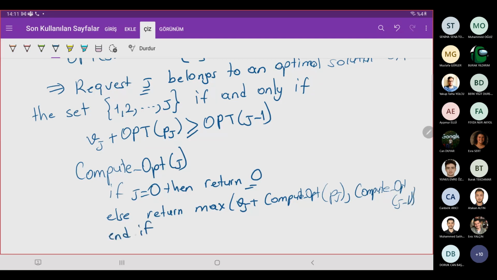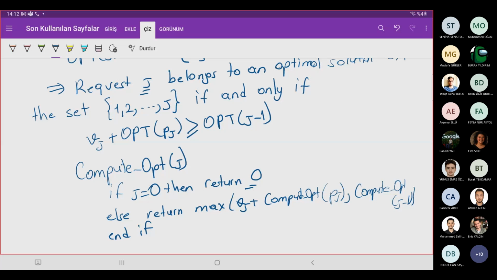Okay, are there any questions about the dynamic programming algorithm for the weighted interval scheduling problem? Okay, if not, then I will start with our last chapter called greedy algorithms.